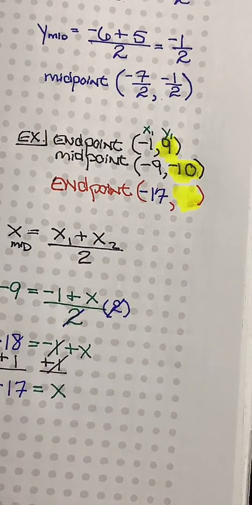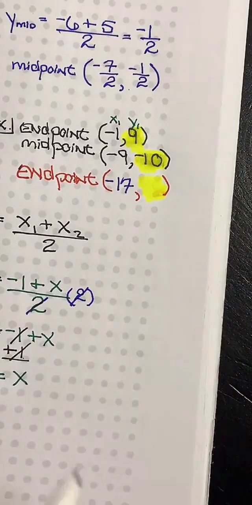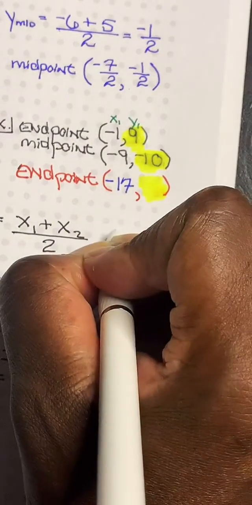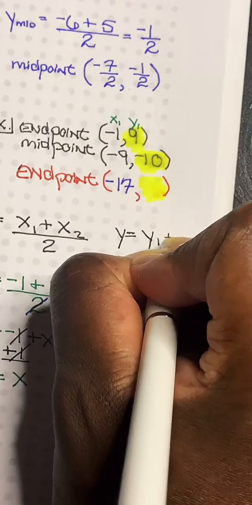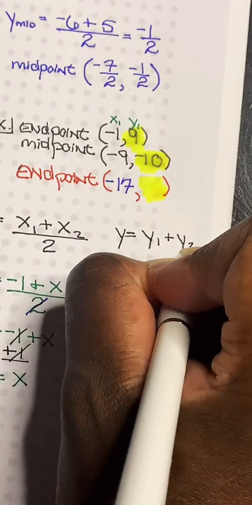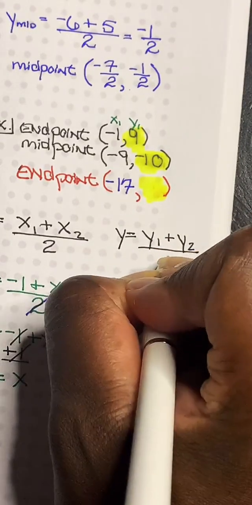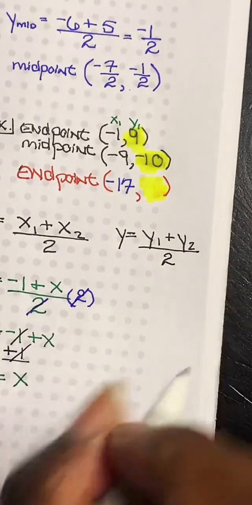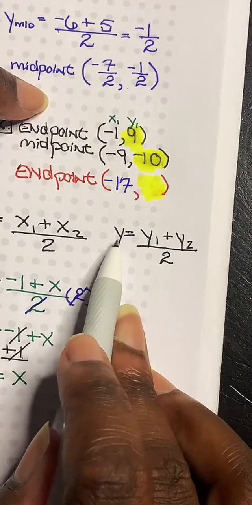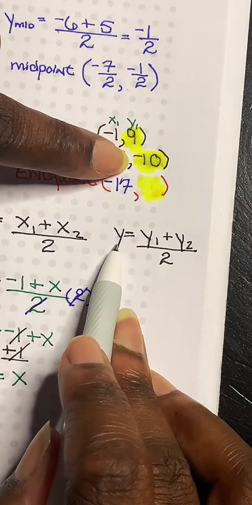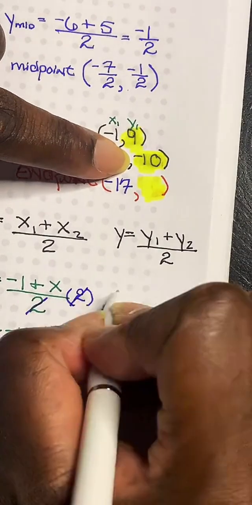So if we got it all set up, I'm going to squeeze it on over here. We have y equals y1 plus y sub 2, divided by 2. This y is the y of our midpoint. The y of our midpoint is -10.